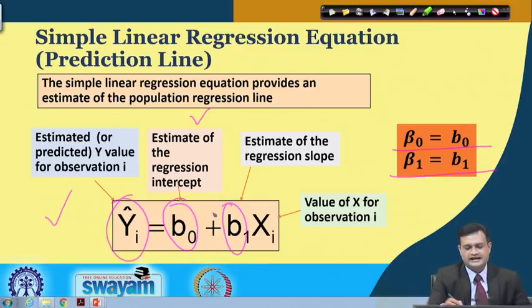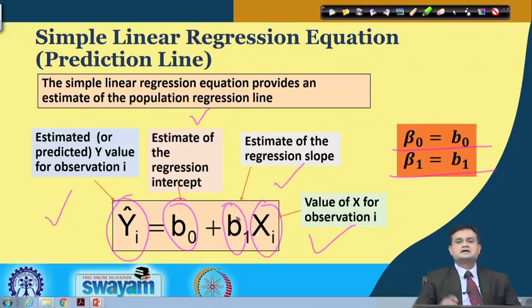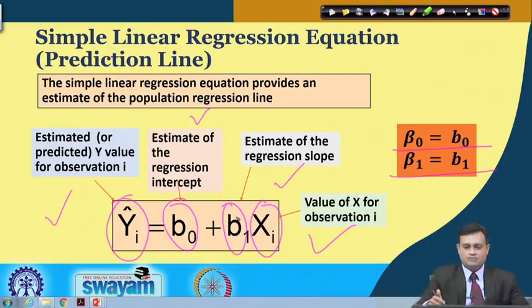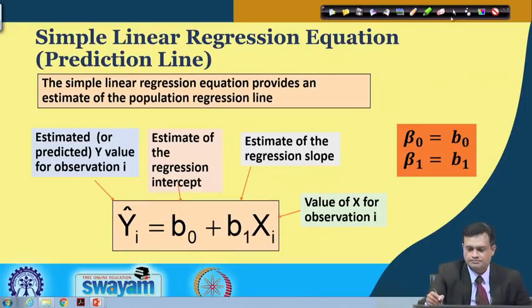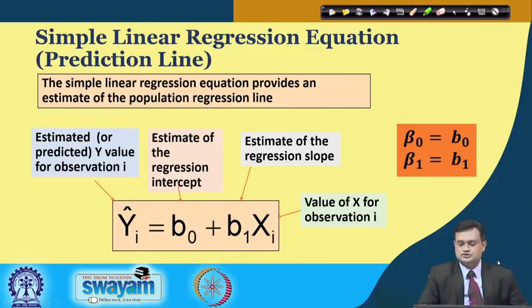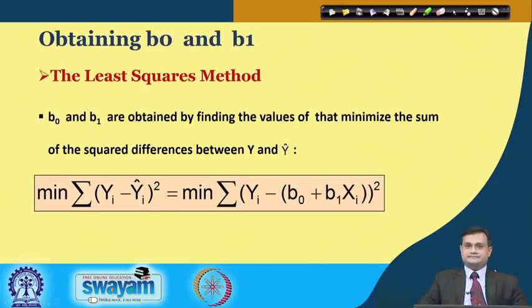You have b 1, the estimate of the regression slope, and this is my value of x for observation i. So, this is my basic simple linear regression model, which is used to predict the value of y based on the given value of xi.